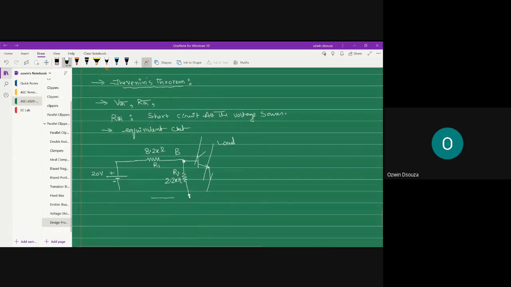So you can connect this to the negative terminal of 20 volts. The positive terminal is grounded. So this is what the circuit looks like. That's your equivalent circuit for applying Thevenin's theorem.